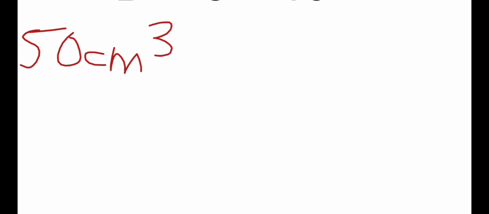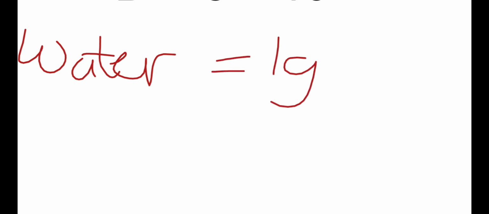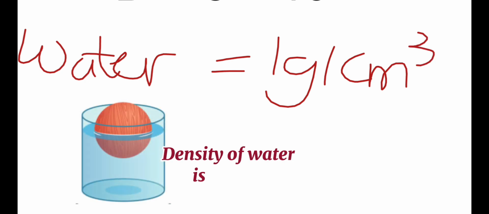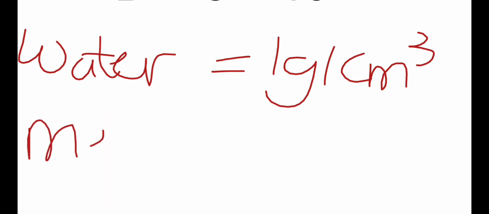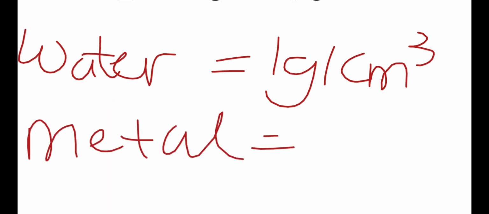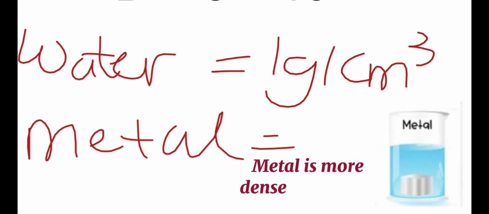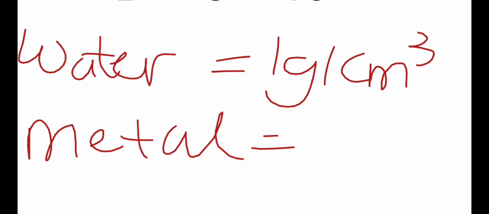Okay, so let's start. So I'm told that the volume is 50 cubic centimeters, right? I know that if I take water for example, water has a density of 1 gram per cubic centimeter. Make sense? Okay, so a metal probably has to have more density than water. So we can assume that, if water weighs 1 gram, maybe the metal has to weigh much more.